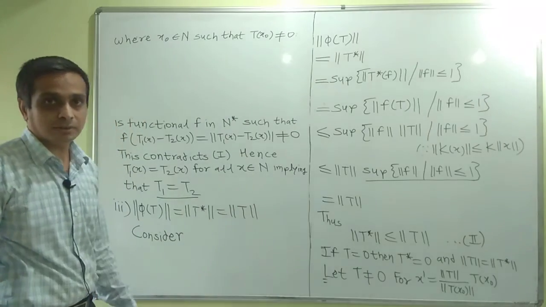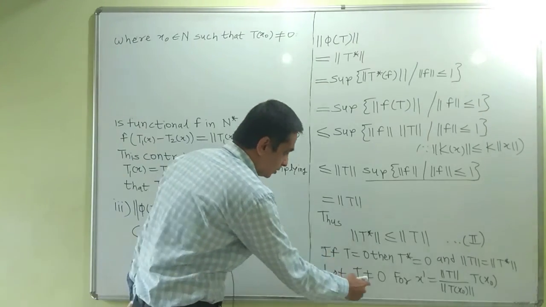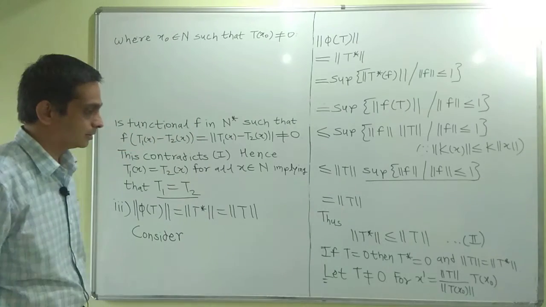Why does such a point x0 exist? Because T is not equal to 0. That's why such a point exists.